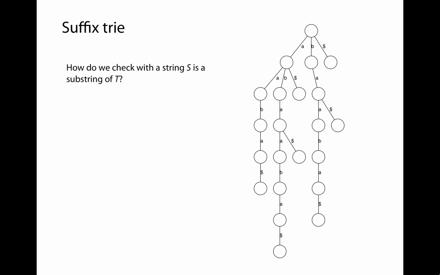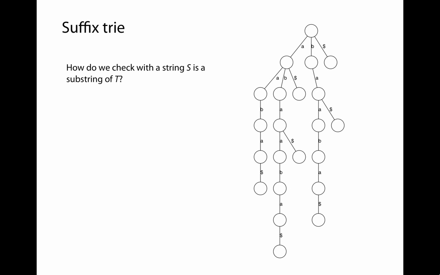We want to use the suffix trie as an index of the text T. So let's see some of the queries that we can pose where we can use the suffix trie to answer those queries. So first of all, how do we check whether or not some string S is a substring of T?